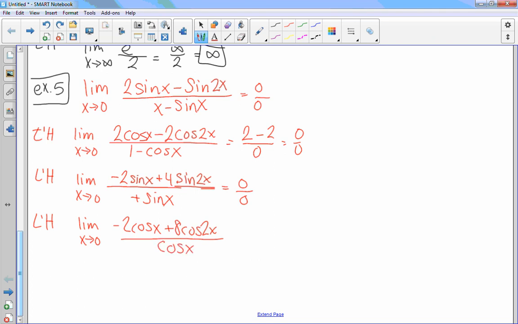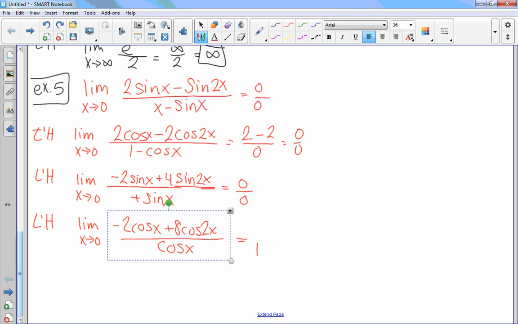You can already tell that the denominator is going to be a 1. That's good news. The numerator, negative 2 times cosine 0. Cosine 0 is 1, so that will be negative 2, plus 8 times cosine 0, so 8. Negative 2 plus 8 is 6.